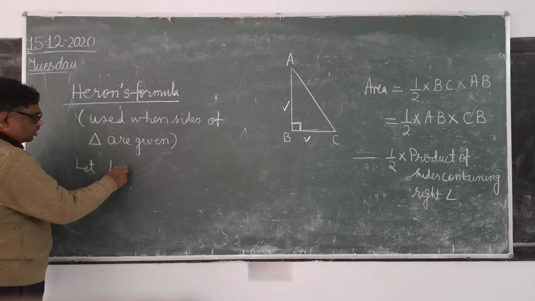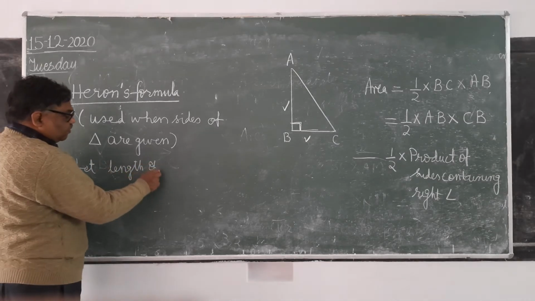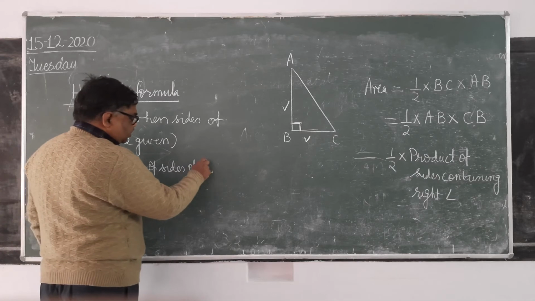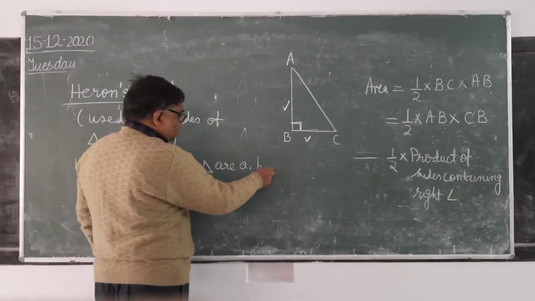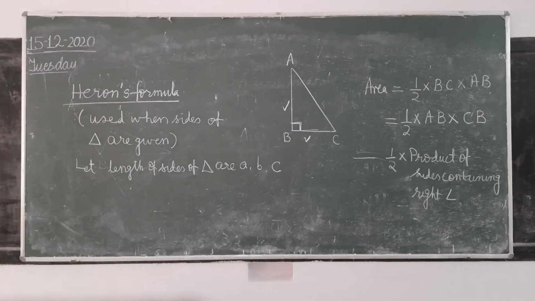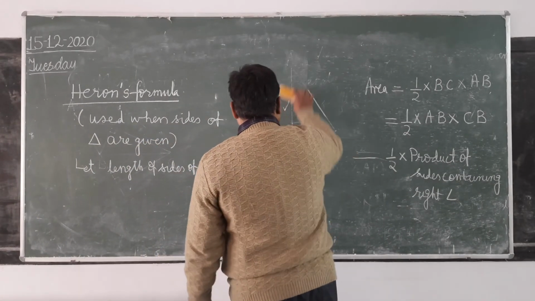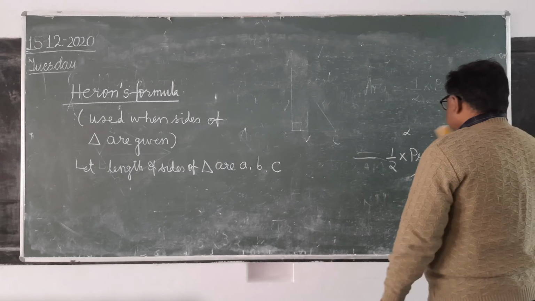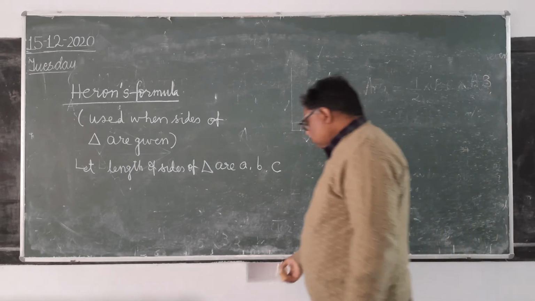So let the lengths of the sides of the triangle be a, b, and c. One side is of length a, the other side is of length b, and the third side is of length c. What will be the perimeter here? Perimeter means the sum of all the three sides of the triangle.